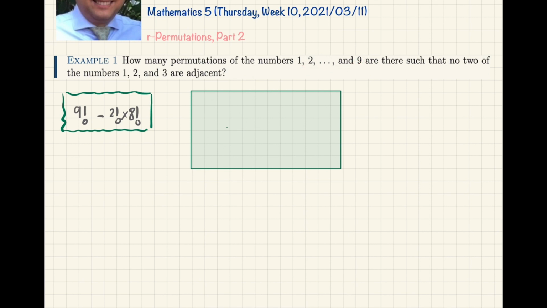Okay? And then I will draw a circle here as a set. I will call it A. What is A? A is all permutations for which 1 and 2 are adjacent. There are some permutations in which 1 and 2 are adjacent.